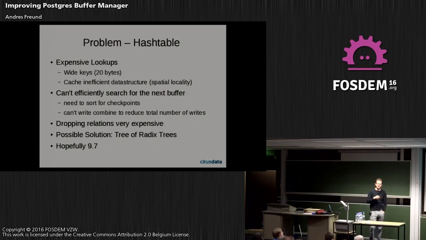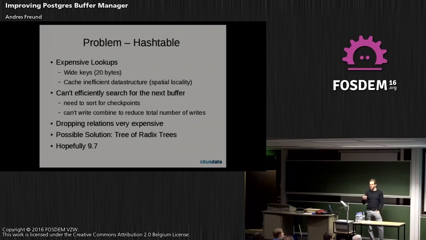But the bigger part is that our key for the hash table is, in this case, 20 bytes. I'm going to show why this wide. And every time you look up the key in the hash table, at some point you need to verify that you didn't have a hash collision. Then we need to recheck the key, and that's actually where we spend most of the time in my experiments.